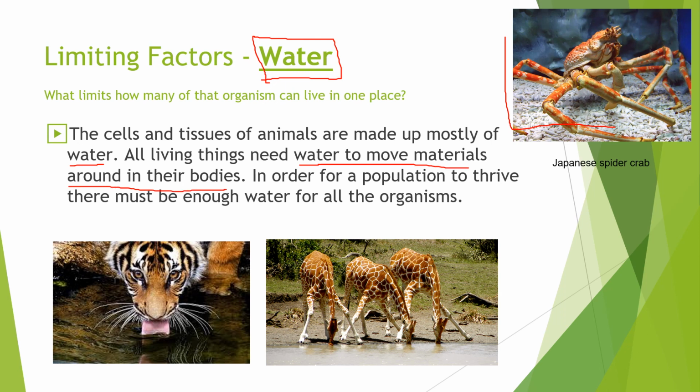In order for a population to thrive, there must be enough water for all of the organisms. Okay, water is absolutely essential for all living things, animals and people alike, not only because hydration obviously helps keep our cells healthy, but it also helps move things and kind of flush our system out. Okay, so if there's not enough water in an area, that will affect the number of organisms of different species that live there.